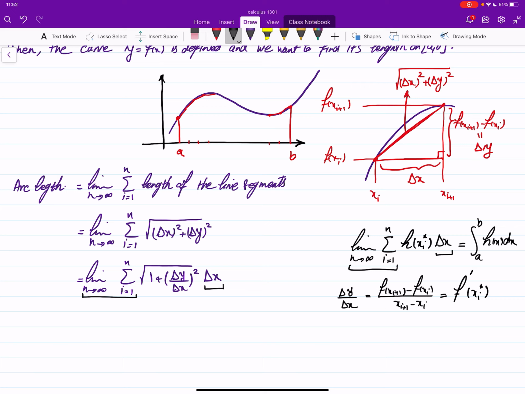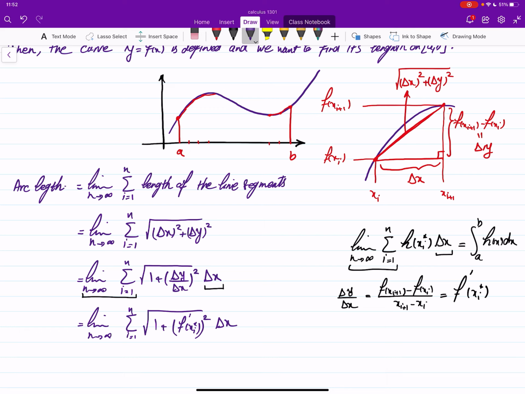So in other words, what we have here is the limit as n goes to infinity of the sum from i equals 1 to n of the square root of 1 plus f prime at xi star, squared, times delta x.